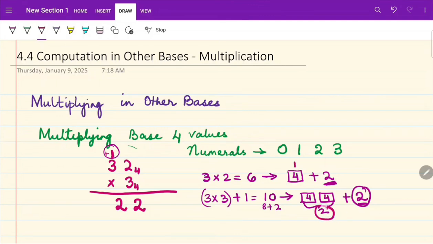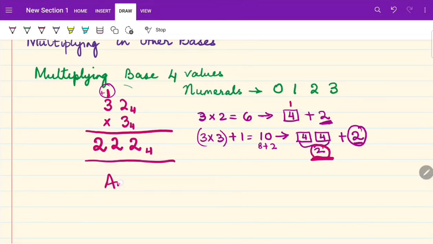And the 2 that we bundled, since there are no more digits to multiply with, we write this 2 over here, to the extreme left. And then put the subscript of 4 to indicate that this is a base 4 value, and that's going to be your answer. It's as simple as that.